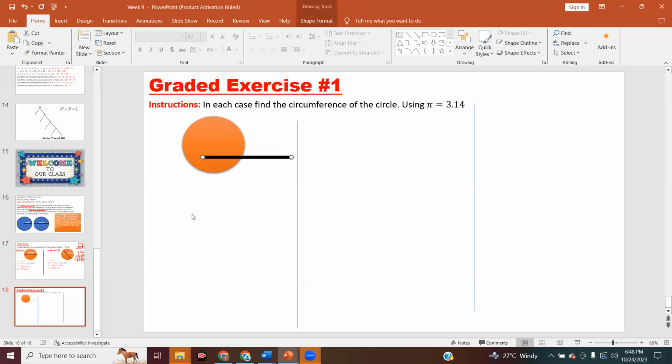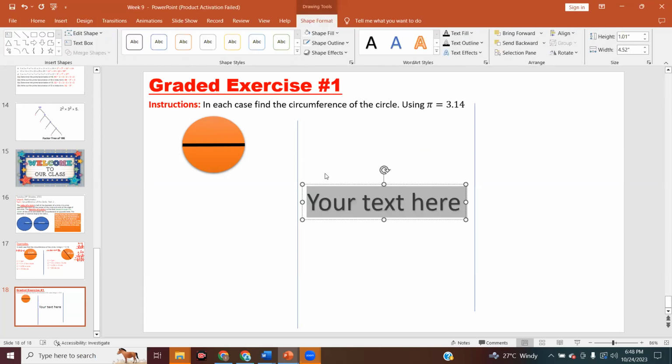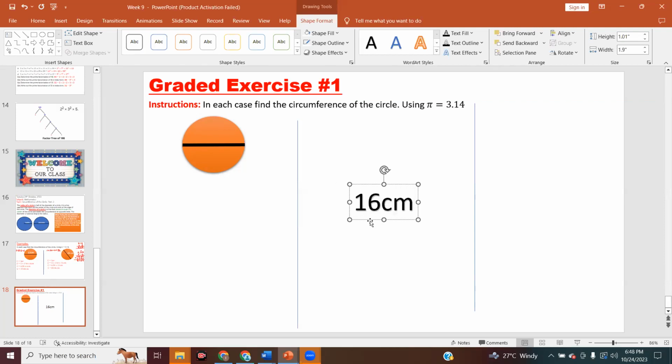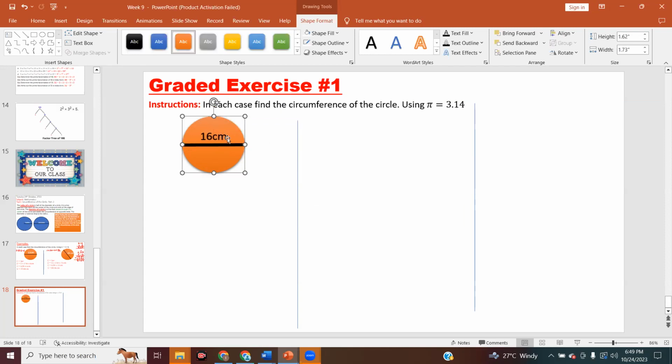All right, so we have this one. Remember, when you're drawing these circles, make sure you use a compass to draw the circles, or a circular edge. So for this one, we have that the diameter is equal to 16.